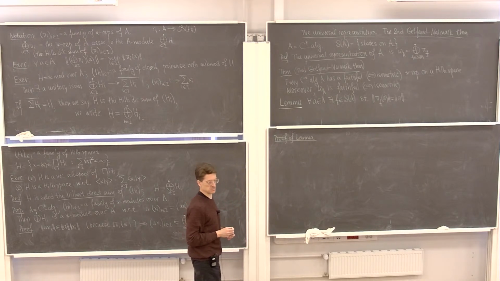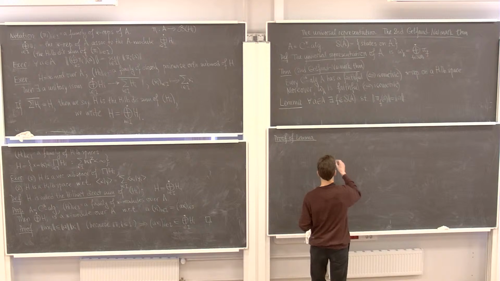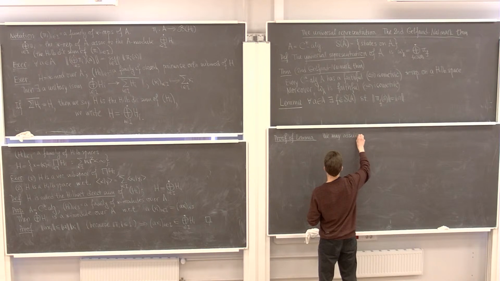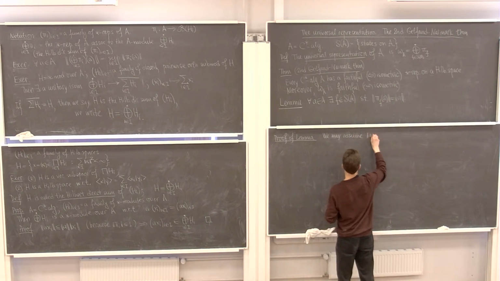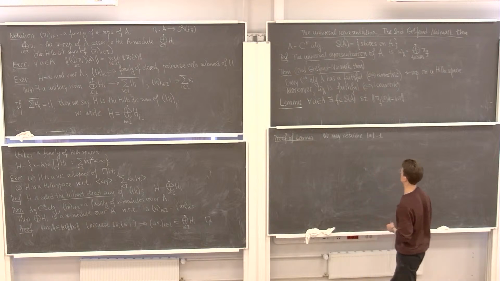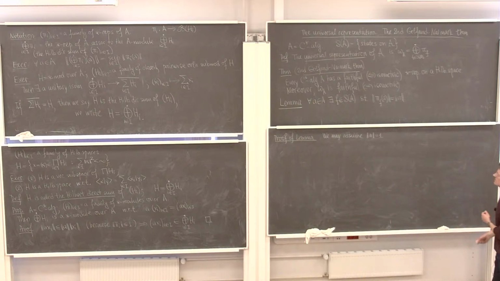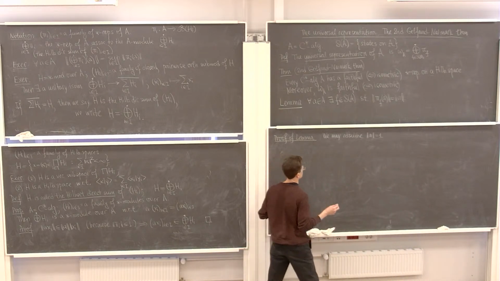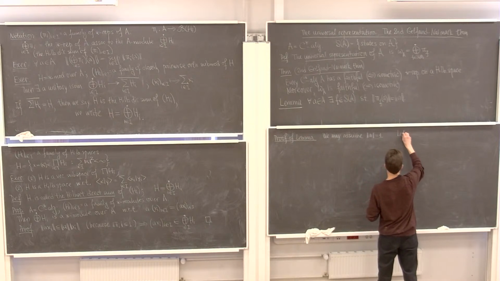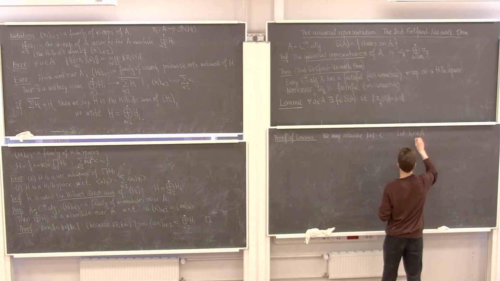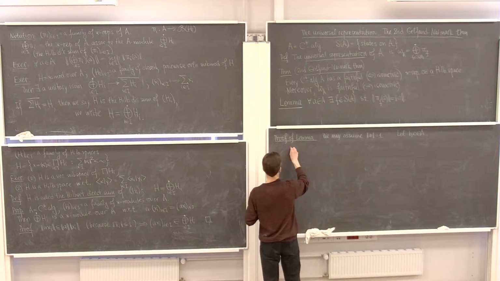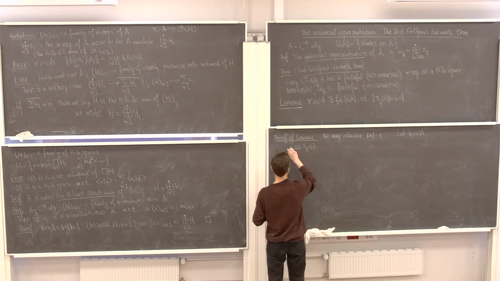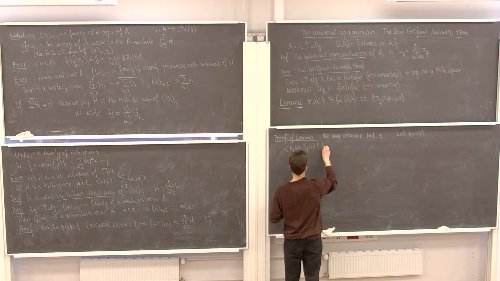For convenience, we can assume that the norm of a is 1. Clearly, everything is reduced to this case. Otherwise, we just divide a by its norm. So we take two elements b and c in A, and we look at the following inner product: pi_f of a applied to lambda_f of b, and we take the inner product of this vector with lambda_f of c.